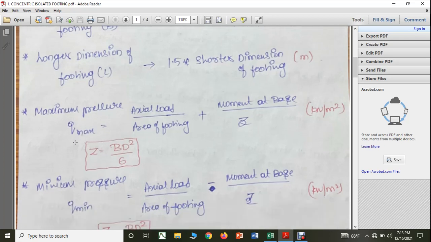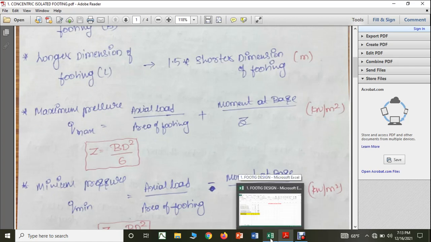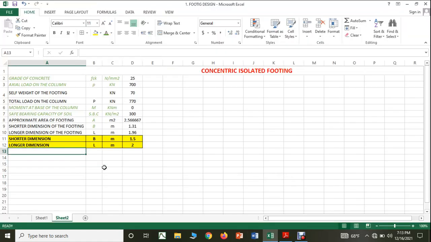It means first I will write the formula for Z. Okay, first I will write the formula for Z, right? What it is actually, the Z is called as a section modulus.